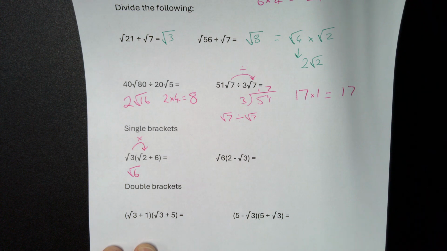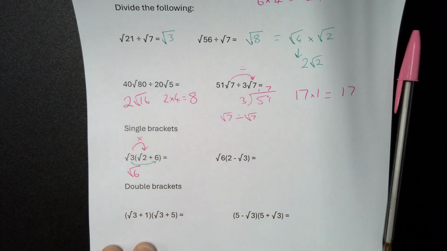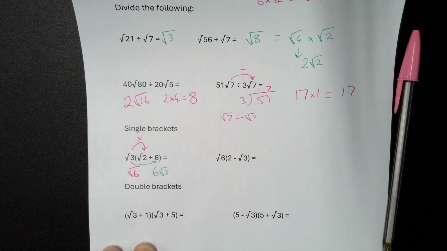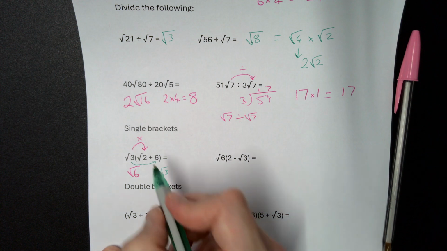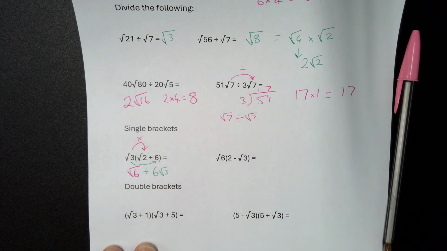Then we're going to do root 3 times 6 is 6 lots of root 3. So positive 6, you put your plus in between. That cannot be added up because a root 6 is different to a root 3.